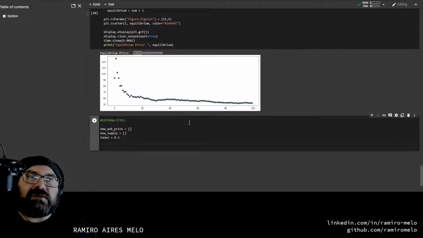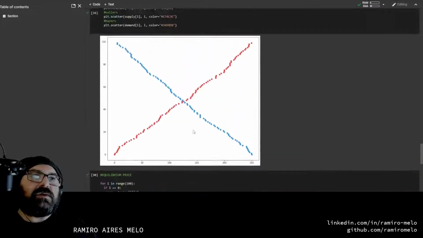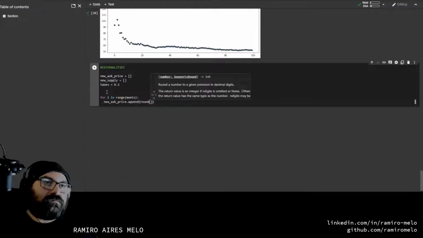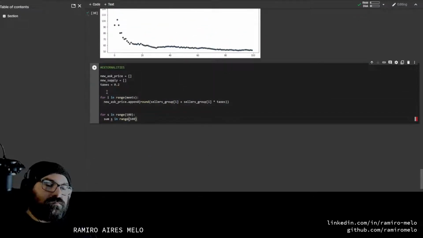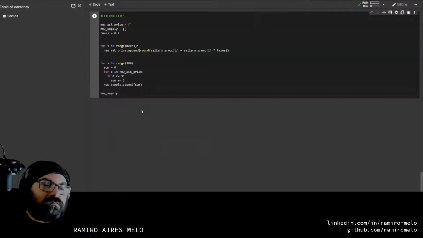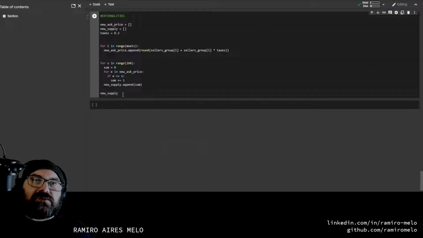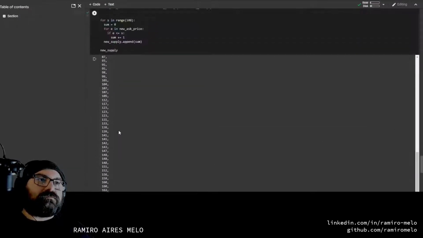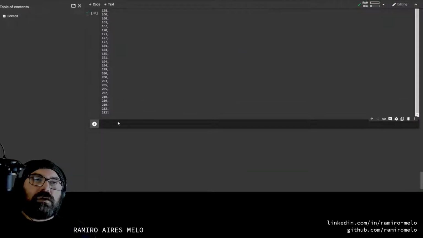Let's assume that the government is now taxing this product at 20% over the supply curve. Let's take a look at the new supply. Now let's put this new data on our previous chart.